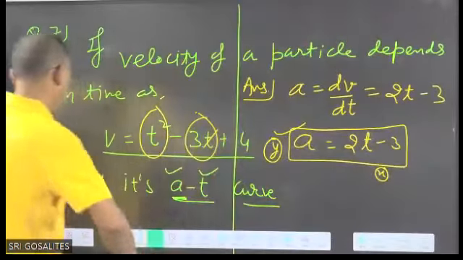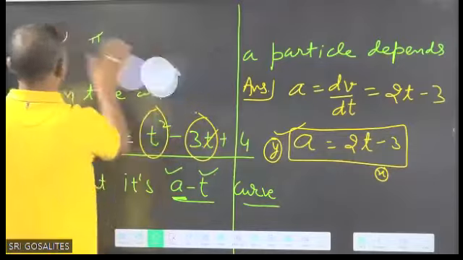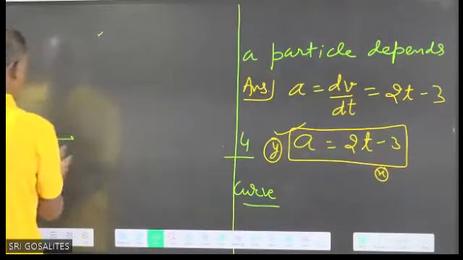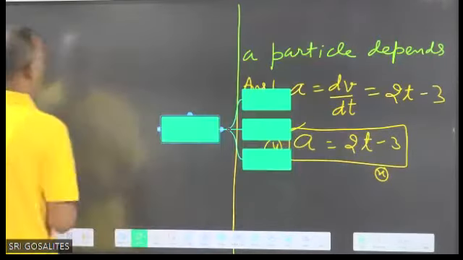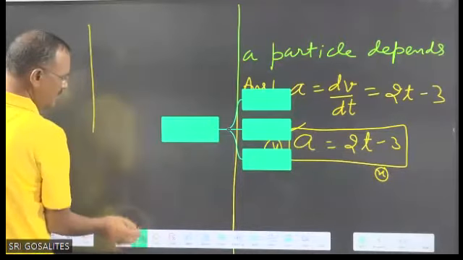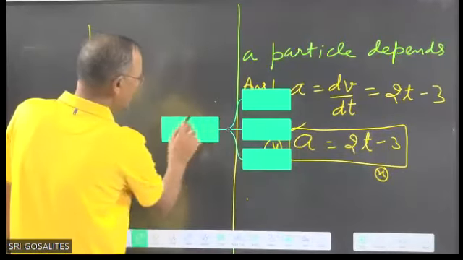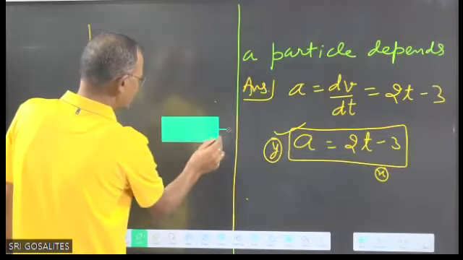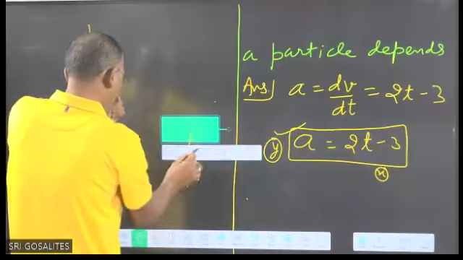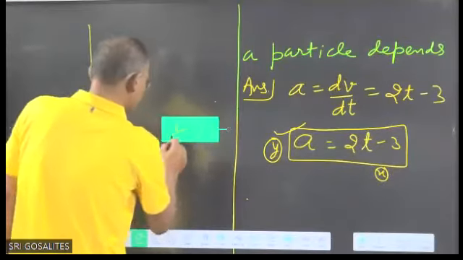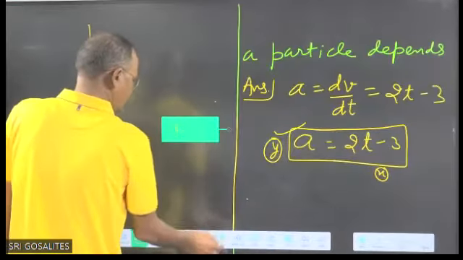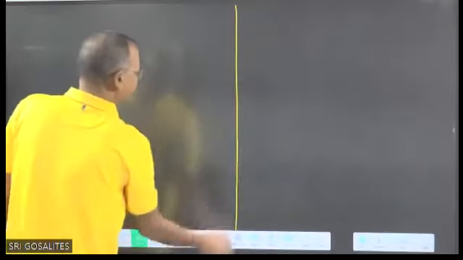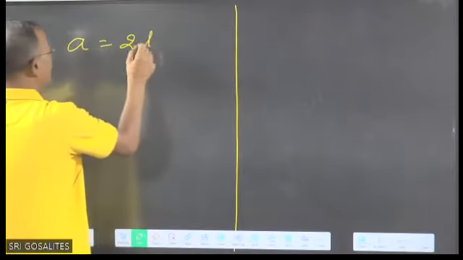So here acceleration we will take on the y-axis. No issue. The equation is 2t minus 3.